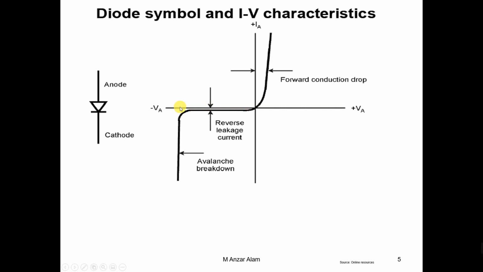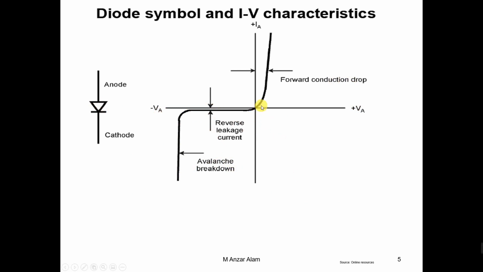If we keep increasing the reverse voltage, there will be a point where the diode will completely turn on and a sharp reverse current will flow. This region is known as avalanche breakdown. Remember, avalanche breakdown is the breakdown where we exceed the reverse voltage beyond its capacity. So remember these three regions: the forward region, the reverse region, and the avalanche breakdown region.